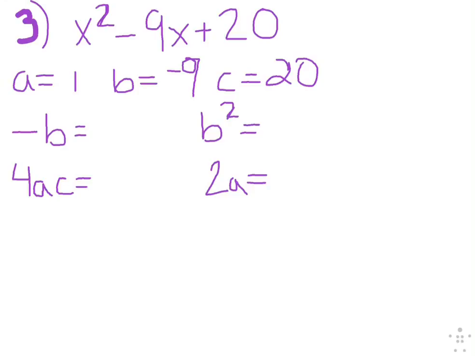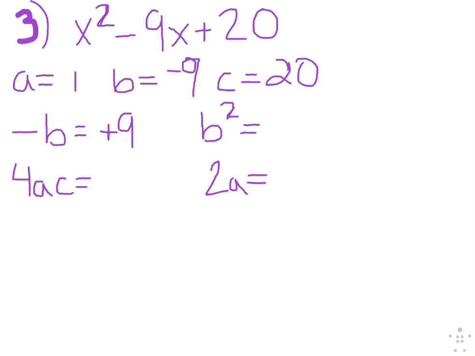That negative is like a negative attitude or negative person. If you're in a good mood, it's going to give you the opposite, the negative. So it's already negative 9. So what is the opposite of negative 9? Positive 9. So our negative B is positive 9.